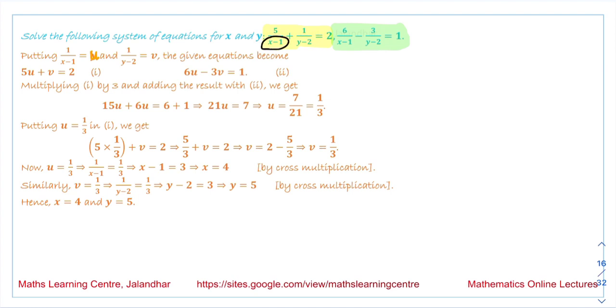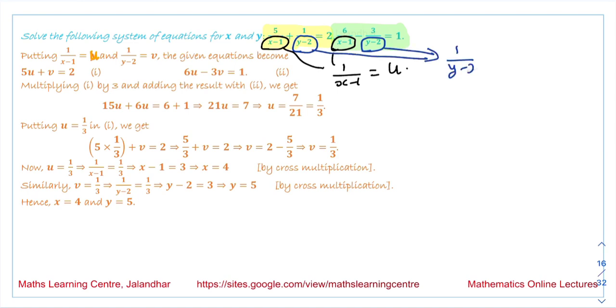This term x minus 1 is in the denominator, and y minus 2 is in the denominator. So what we are going to do is write 1 over x minus 1 is equal to u, and 1 over y minus 2 is equal to v.